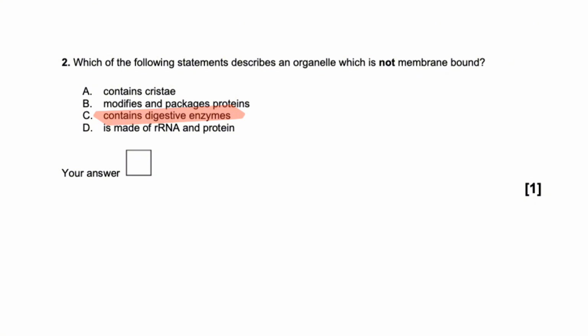Vesicles and lysosomes are membrane bound, so this can't be the answer. This leaves us with D, which says is made of rRNA and protein. The organelle that is made of rRNA and protein is the nucleolus, which is found inside the nucleus. The nucleolus is not a membrane-bound organelle, and so we can put that the answer is D.